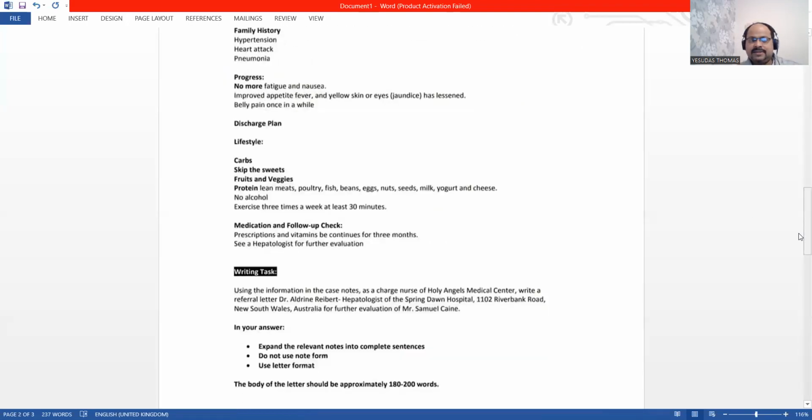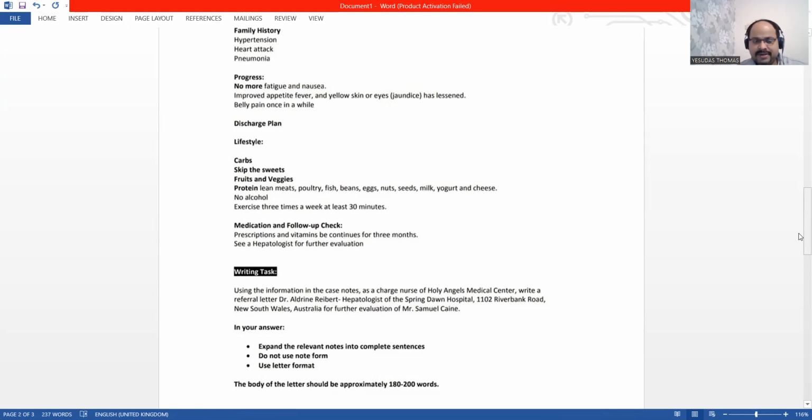We have advised in the discharge plan that we have to give education to Mr. Caine about reducing carbohydrates in the diet, skipping sweets, and eating fruits and veggies, protein, lean meats, poultry, and so on. And one important thing is no alcohol at all. Exercise thrice a week, at least 30 minutes.